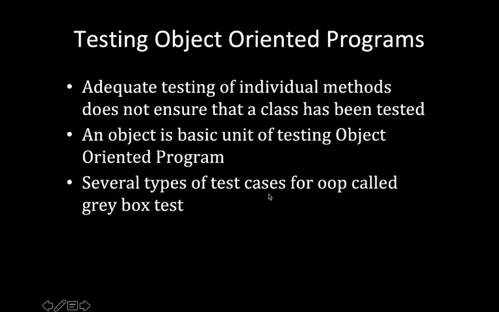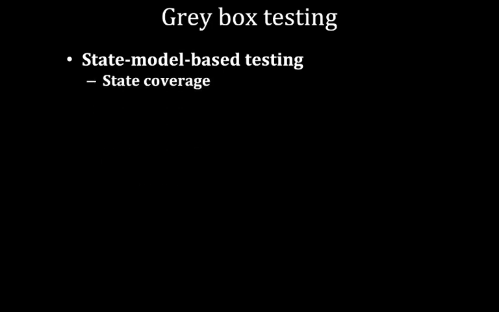So there are different types of test cases that can be developed for object-oriented programs. We call it gray box testing. So something in between white box and black box. So there are different gray box testing methods. One is state model based testing. In state model based testing, we have state coverage testing, where the object states are tested.